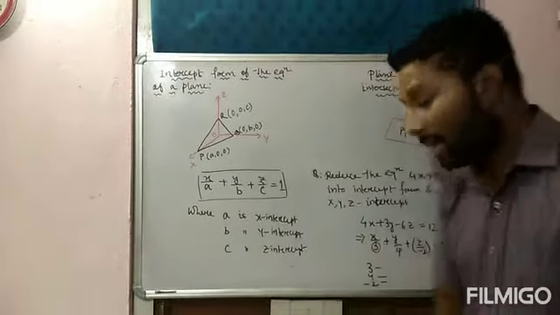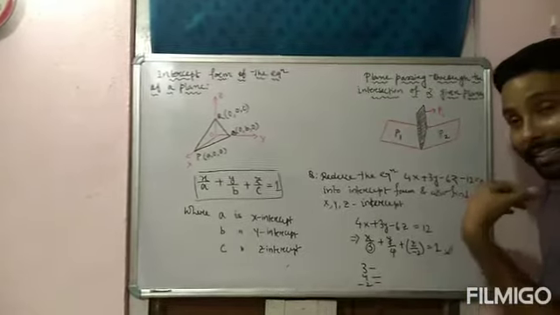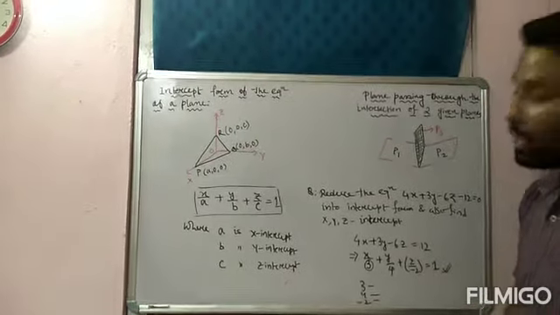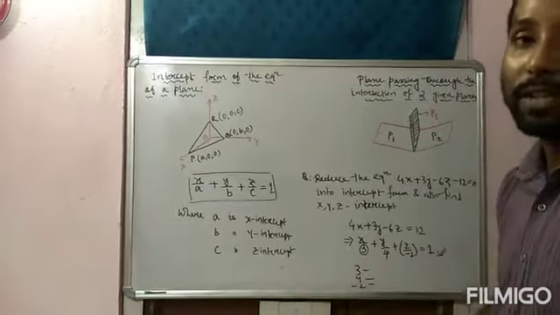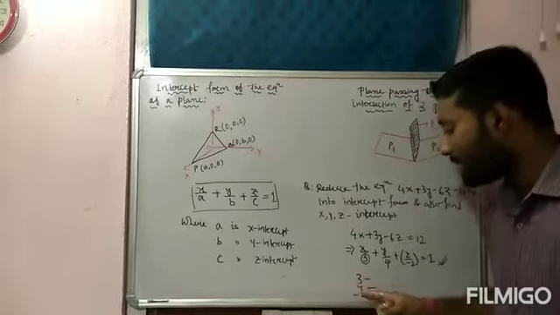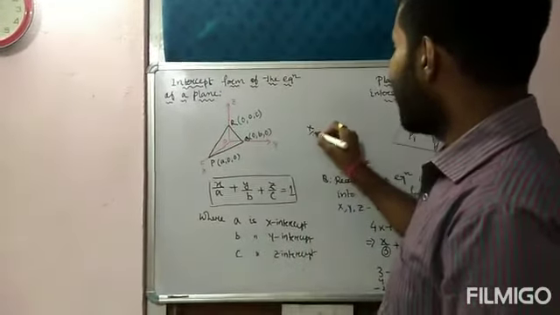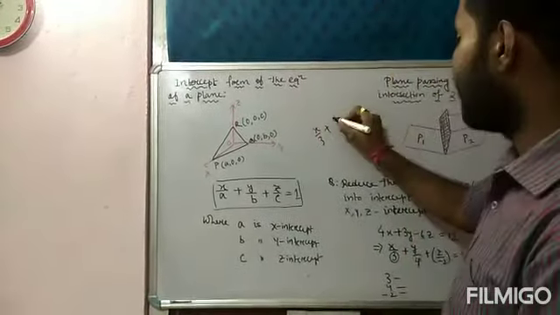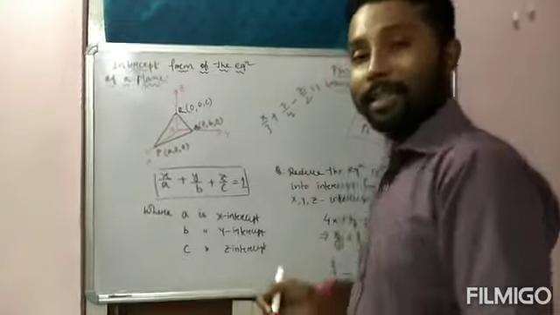कभी कभी क्या होता है, ये इंटरसेप्ट दे देता है and you are asked to write the equation of the plane. So if intercepts are given, then it is very easy to write the equation. So intercept मतलब a b c का वैल्यू दिया हुआ है. Just you have to replace this a b c by x by 3 for example, y by 4 minus z by 2. This is equal to 1. That's it.